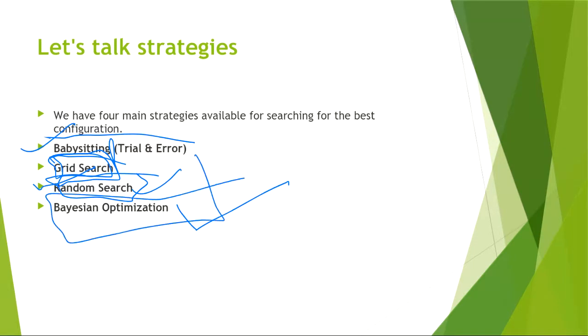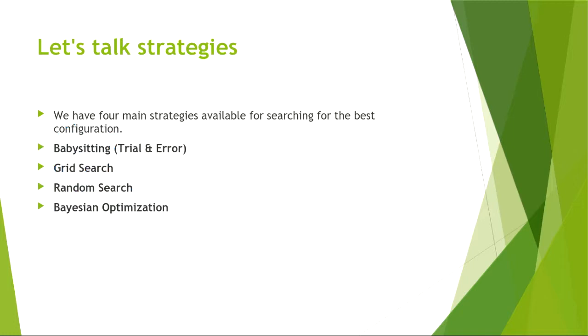Of course, they are just functions that are already made, and you have to just import them into your codes. But again, you have to know how all these algorithms work. This one you have done, trial and error. Your whole first assessment talked about this only, the babysitting. So this is clear?